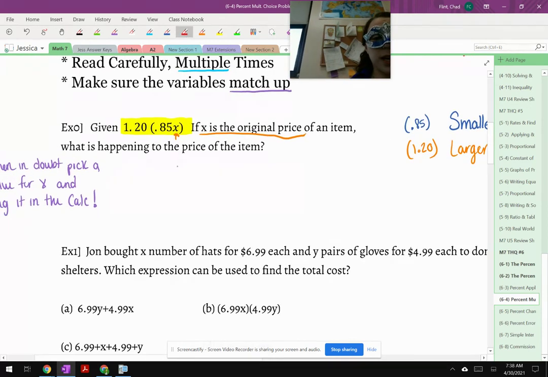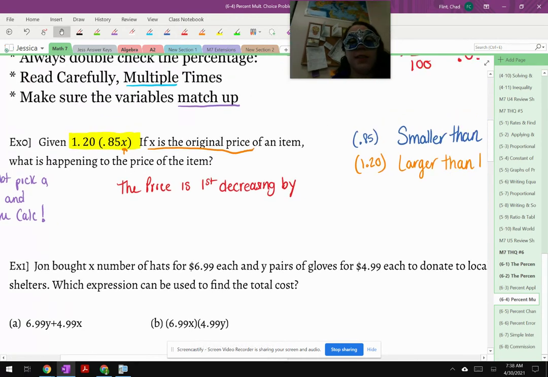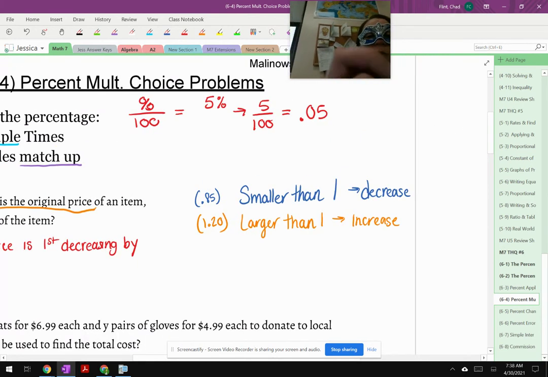So the first thing that's happening is the price is first decreasing by, and to figure out the percent it's decreasing by, you subtract it from 100.